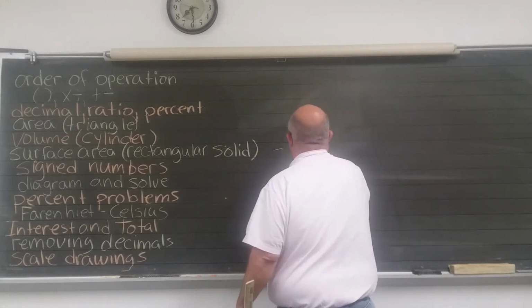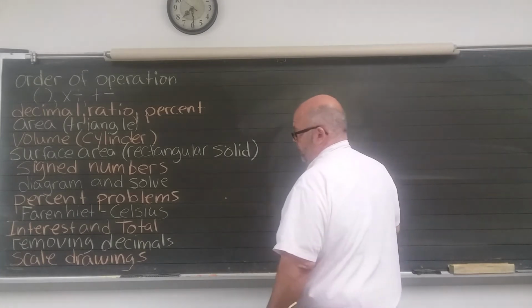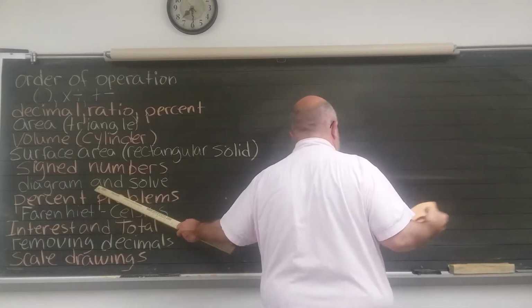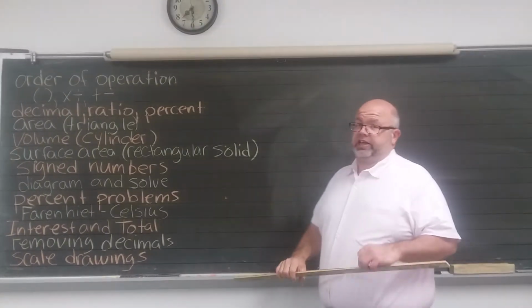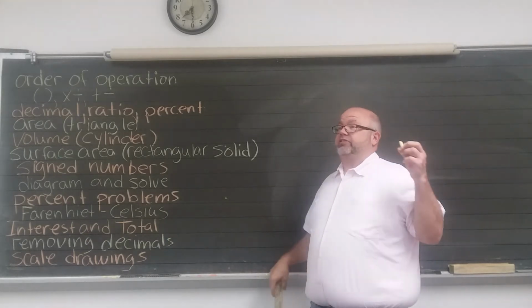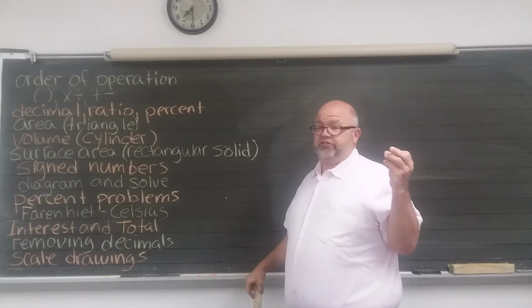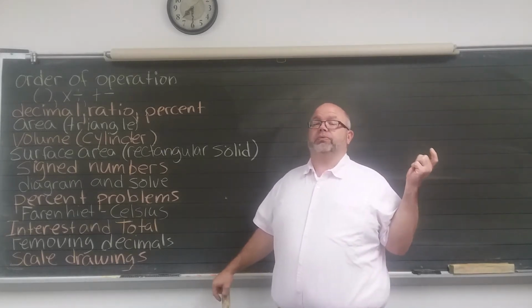Diagram and solve. Diagram and solve has to do with those different things that cast shadows. So you have a 5-foot fence post with a what? 10-foot shadow or something like that.